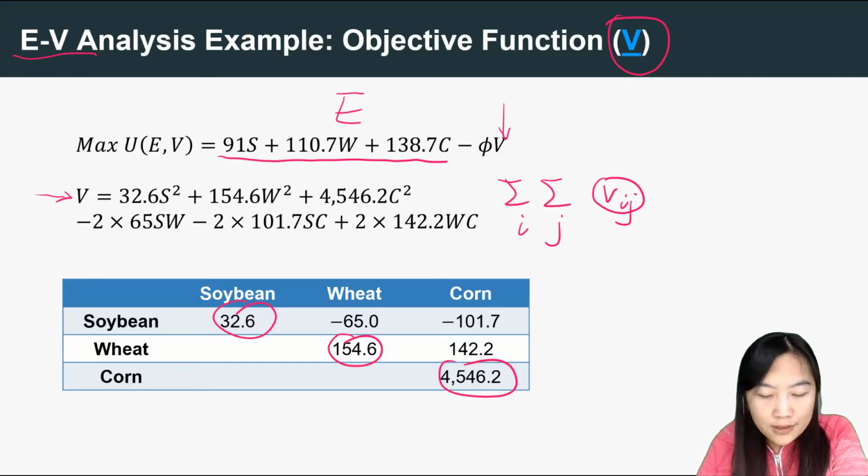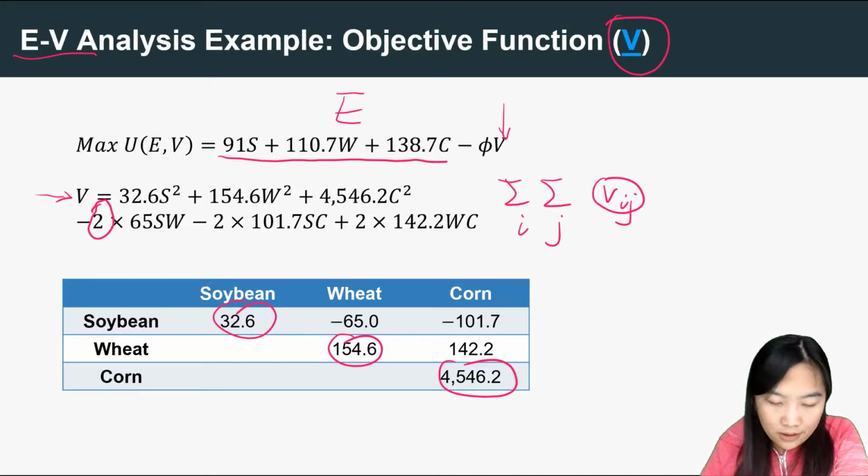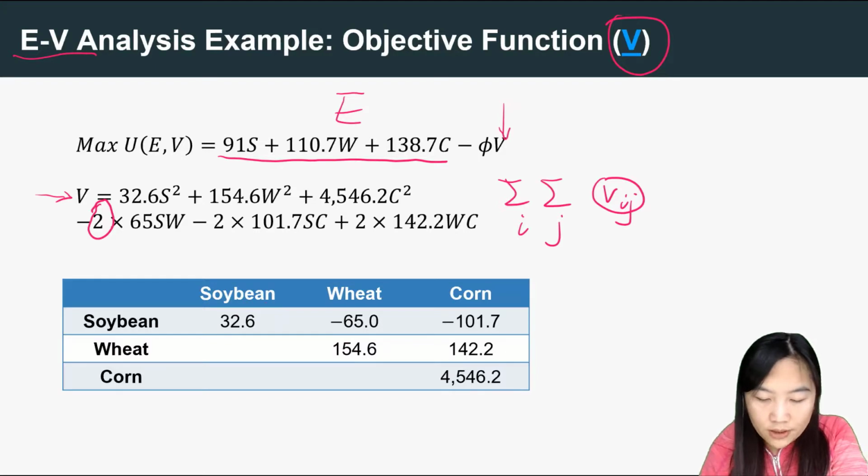For the covariance here, you have to pay attention. It has a 2 there. It's because that's focused on the wheat and soybean.